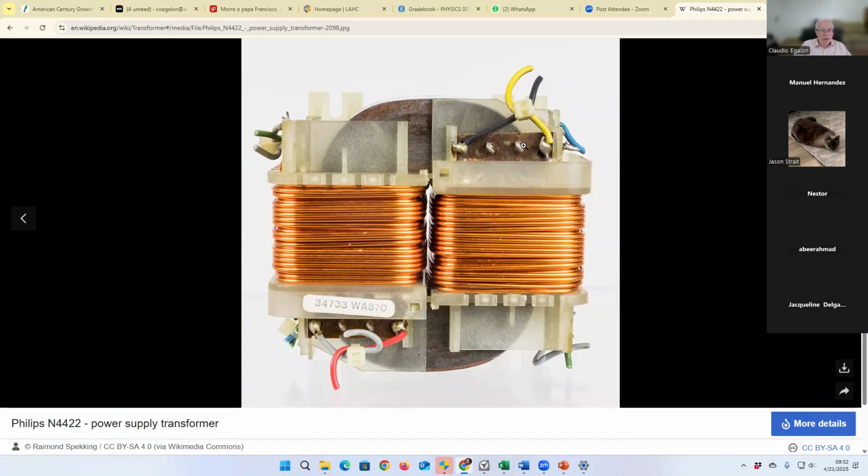Doing this is the same as inserting one solenoid inside the other, and gives exactly the same result.